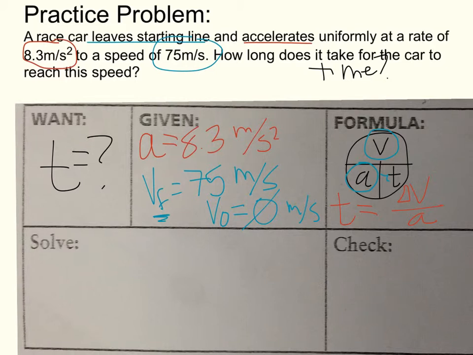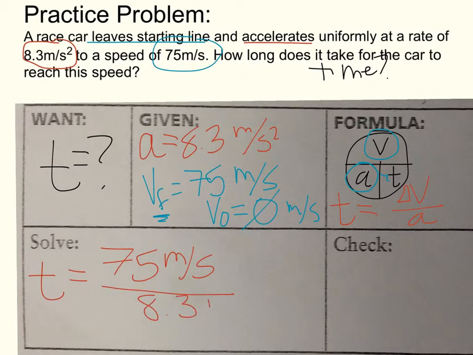So when we plug in what we know, the velocity is 75 meters per second, because from 0 to 75 is a change of 75 meters per second. And we know the acceleration is 8.3 meters per second squared.